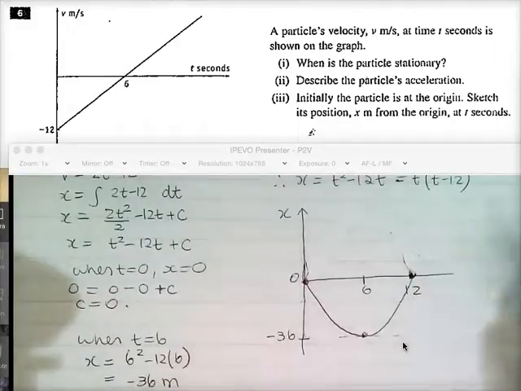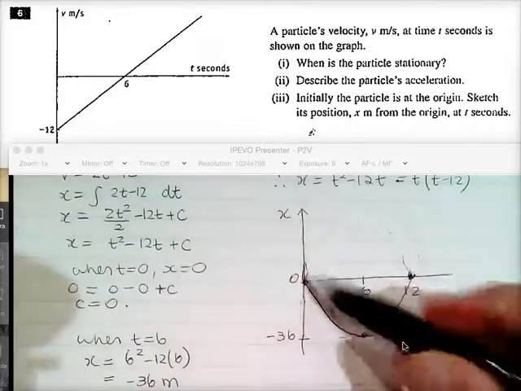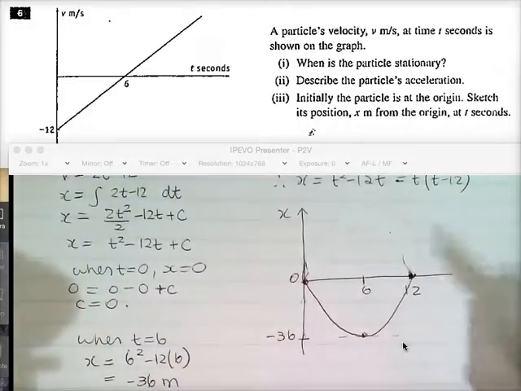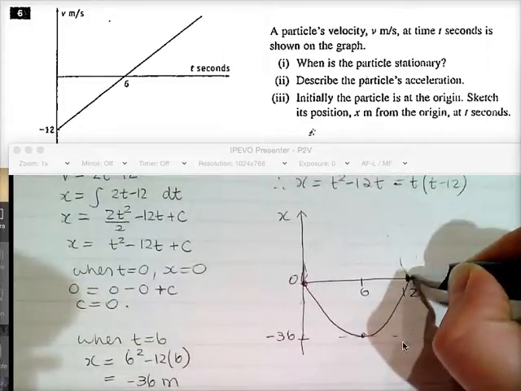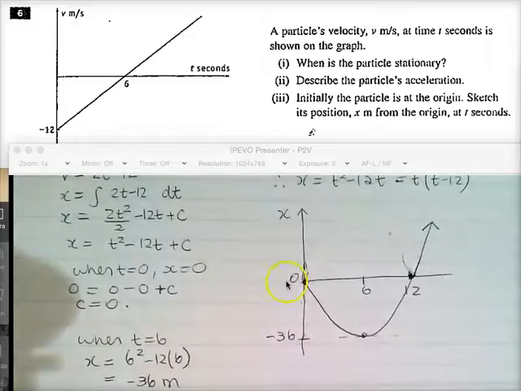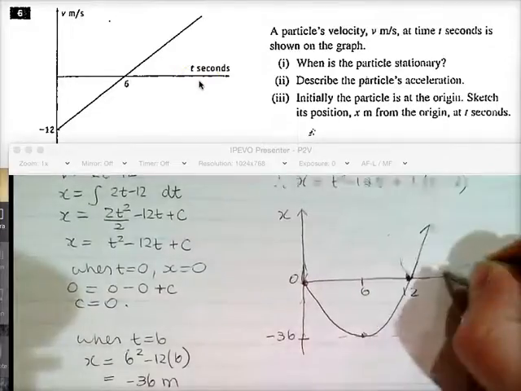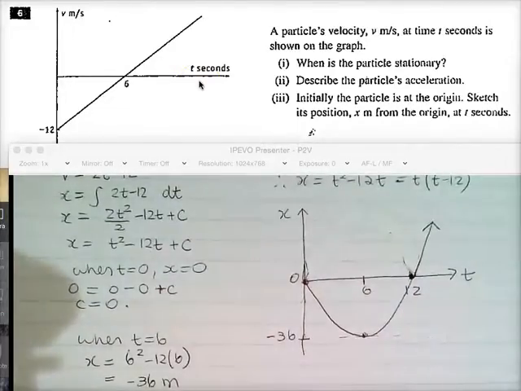So we've just sketched the position from the origin over those first 12 seconds. And we can keep it going, because this does look like it's going for longer than 12 seconds. Okay, so that's the graph.